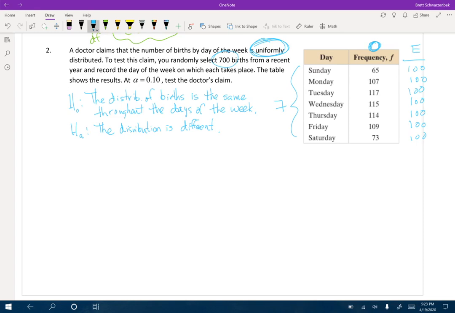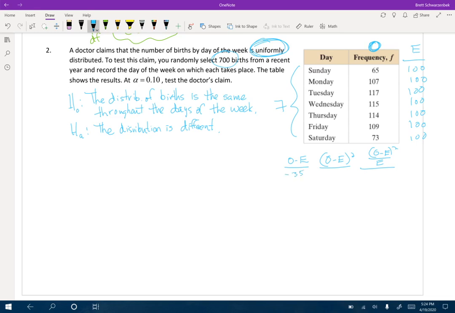So if we go through the process again, we have a little bit more space this time, so I'm going to put the tables over here. We're going to have O minus E here, O minus E squared here, and O minus E squared over E. Okay, remember this is L3, L4, L5. You use the proper formulas. So for example, the first one is O minus E, 65 minus 100, which is negative 35.